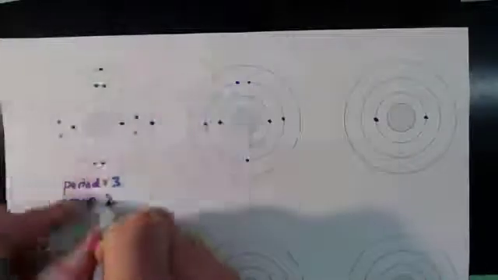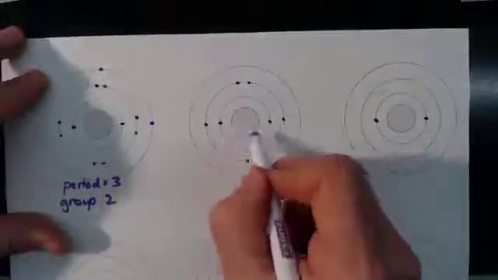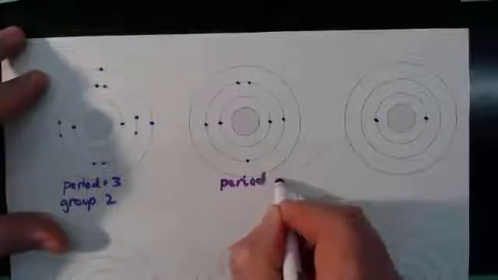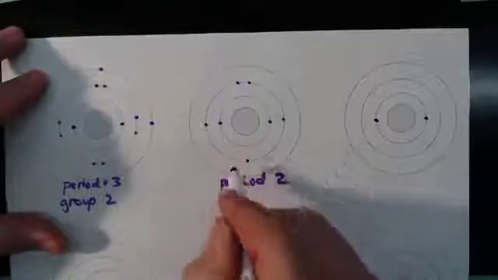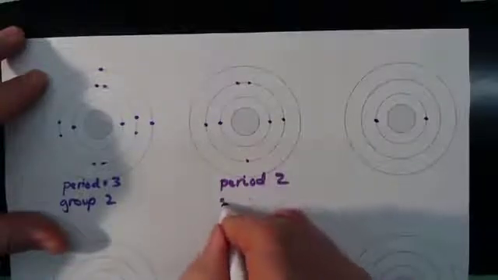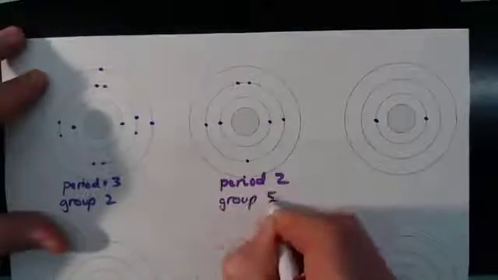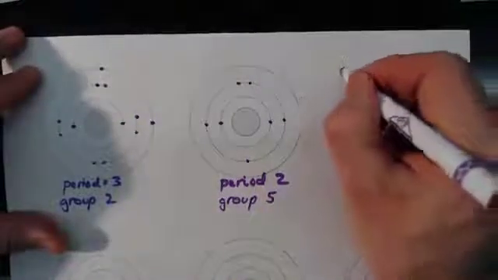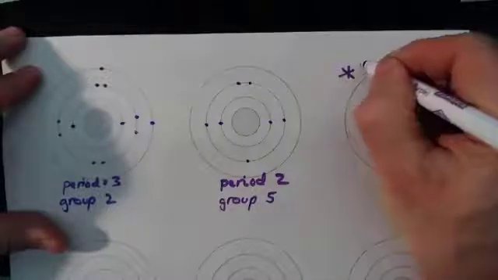And going sideways, it would be in group 2. This one has 2 levels, so it's in period 2, and it has 1, 2, 3, 4, 5 valence electrons, so it would be in group 5. Easy enough, right? This one, I'm going to put a little star beside and say tricky.